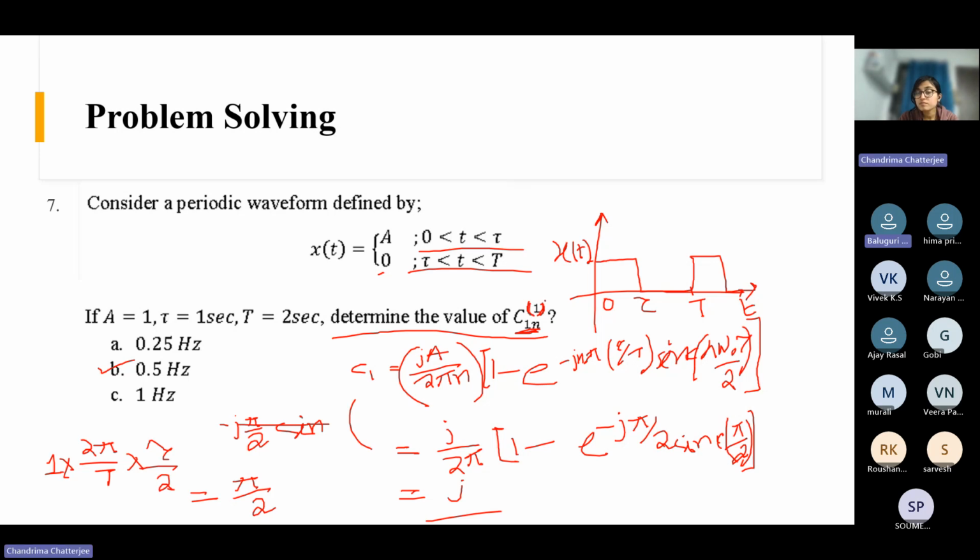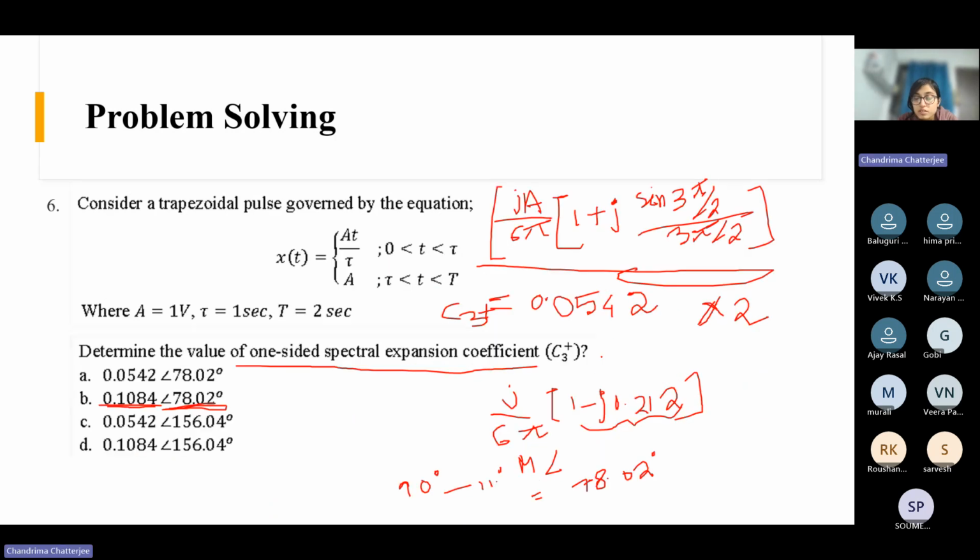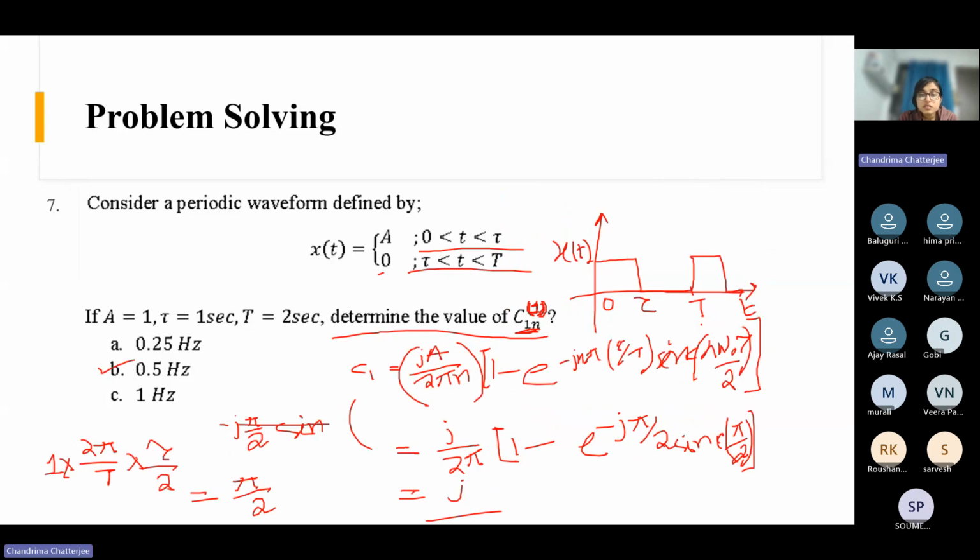Bracket 1 is also, that means fundamental value. Yeah, I think so. Yeah, maybe. I'm not sure why. Like this is not one-sided. So determine the value of C1.